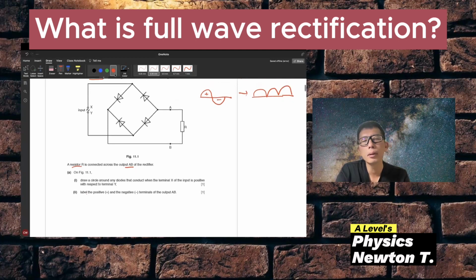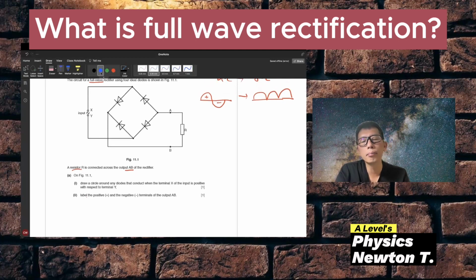For example, when the middle S is positive, the current will flow from here, go to here. It will not go here because it will be blocked by this diode. As we know, a diode will only allow current to flow in one direction. So when you flow to here, you come to this junction again, it will be blocked again, so you can only pass through here, and then through B, go to A, and then find a way to return.